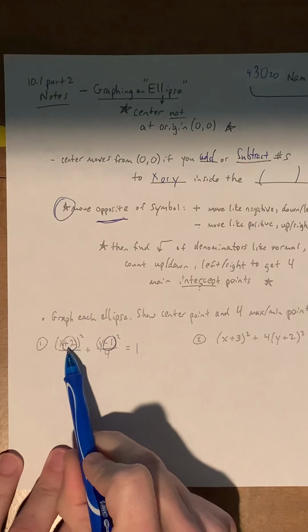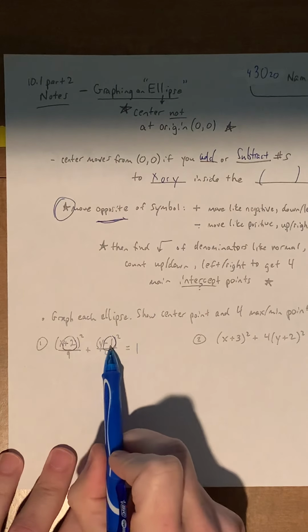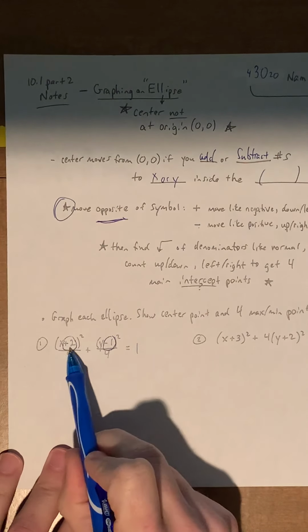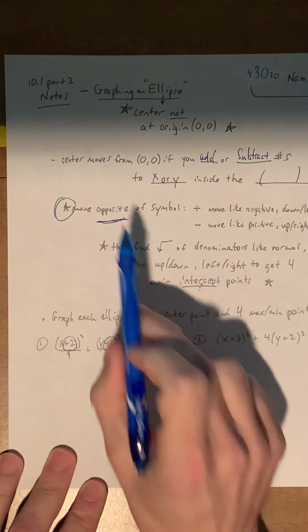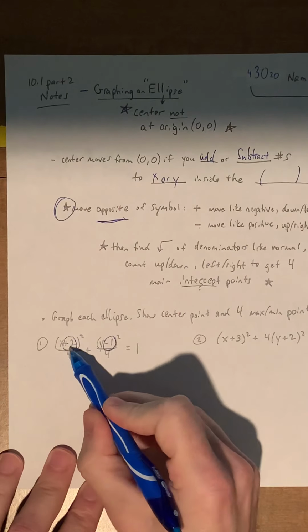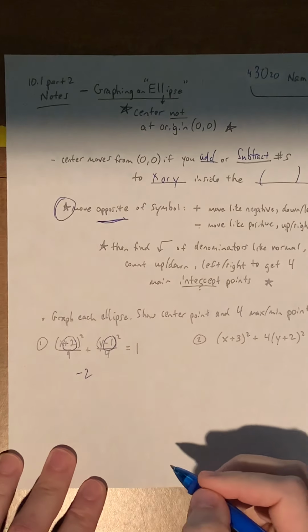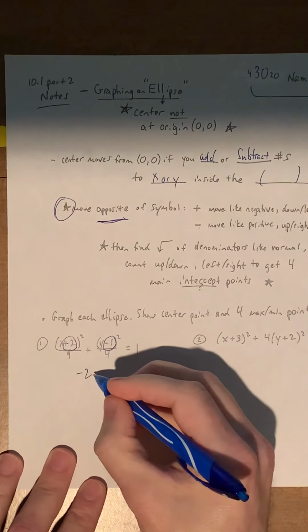All right, so all you have to do is take the opposite of these to get your center point. Remember, opposite. So your x-coordinate is -2, and your y-coordinate is +1.